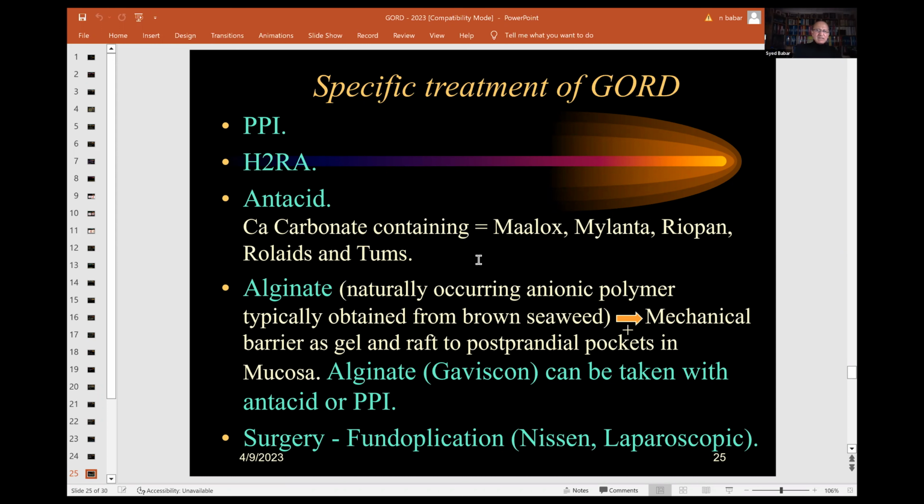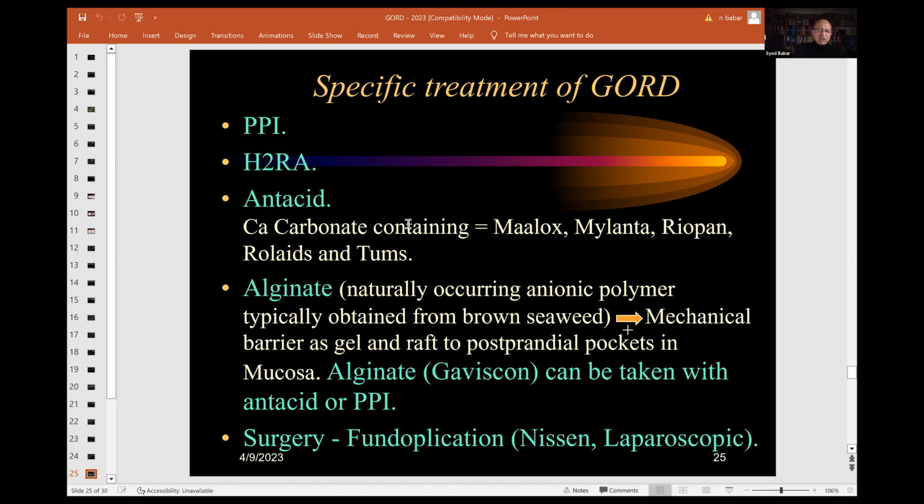Alginate is a kind of a raft. Raft means providing a coating to protect from harm. So this usually is found as an anionic polymer from the brown seaweed. It's a bacterial byproduct. And therefore, it then coats the gastric pits, just as the chief cells coat the gastric pits with mucus.